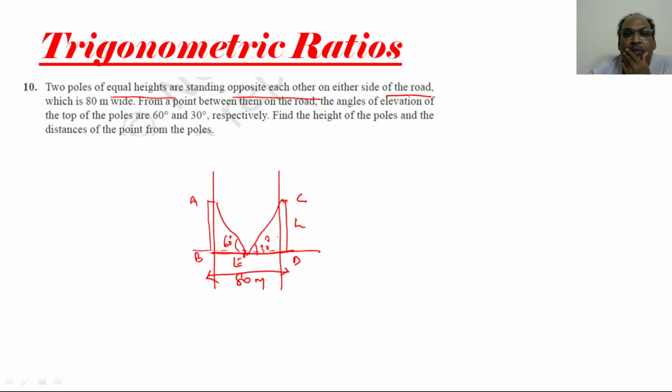So suppose this distance ED is equal to some d meter. Then EB is equal to 80 minus d meter.